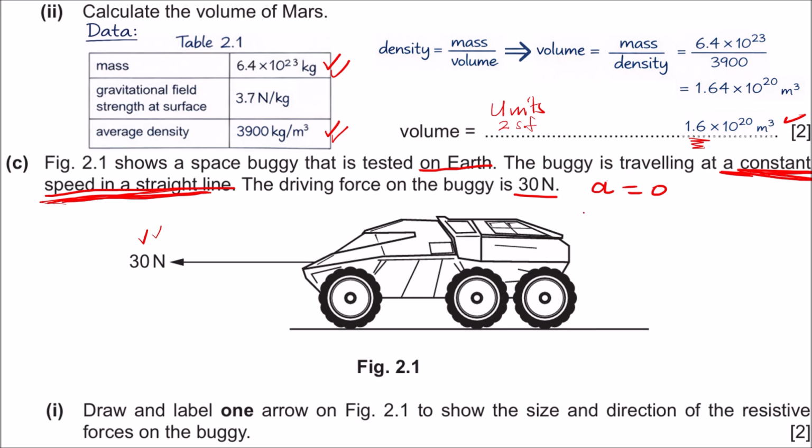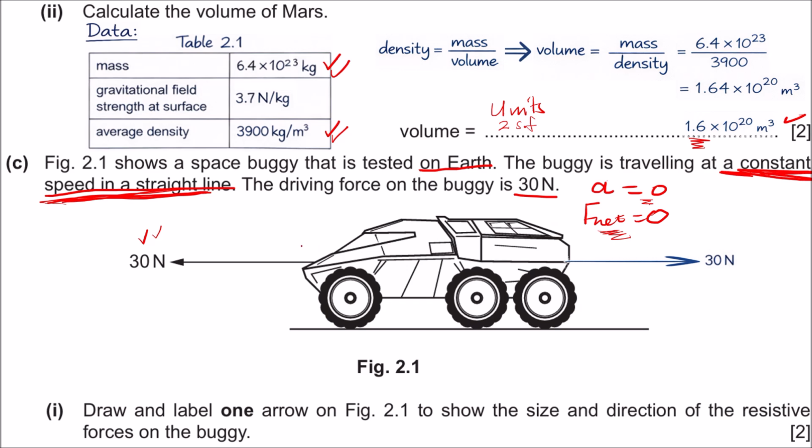And according to Newton's second law, if acceleration is 0, the net force is also 0. And if the net force is 0, the driving force and the resistive forces are balanced. In other words, the force going backwards is also 30 newtons. So if we say 30 driving force minus 30 opposing force, we're going to get a net force of 0, which gives us an acceleration of 0.